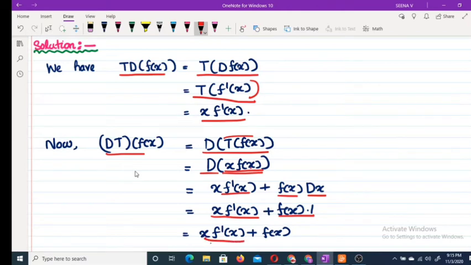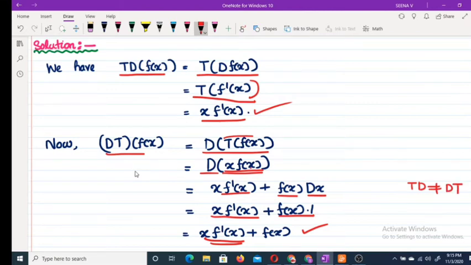That is x f dash x plus f of x. So here we have TD equal to x f dash x and DT equal to x f dash x plus f of x. Clearly, TD is not equal to DT.